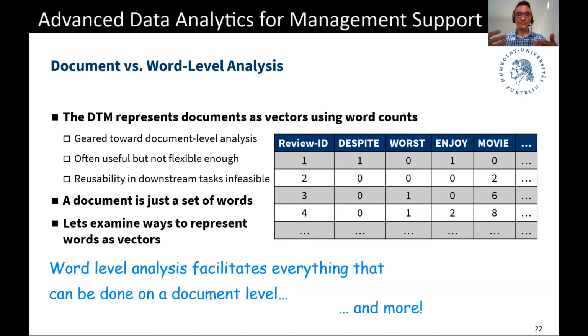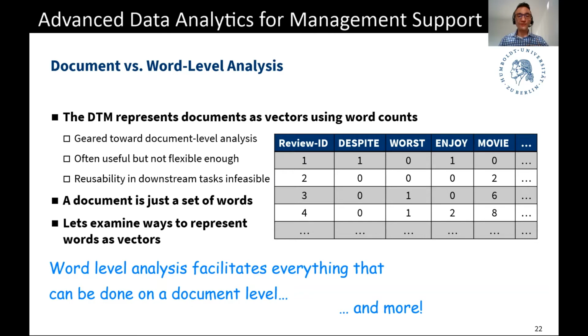We started from the document term matrix that would represent documents as vectors of word counts. So it's really geared toward document level analysis. You can classify documents, you can do sentiment analysis. Very often this is exactly what you want to do, analyzing a document, but maybe you want to do more.